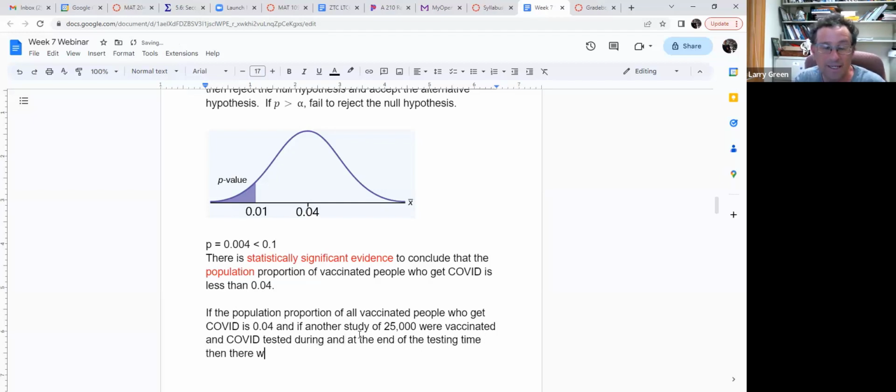And then our p-value is 0.004. So as a percent, that's 0.4% probability.